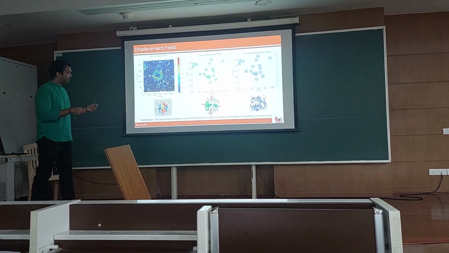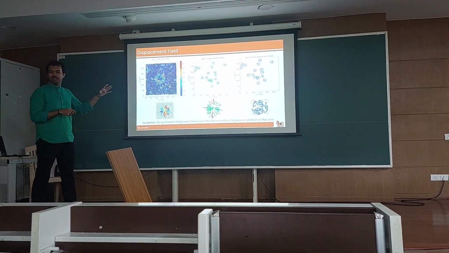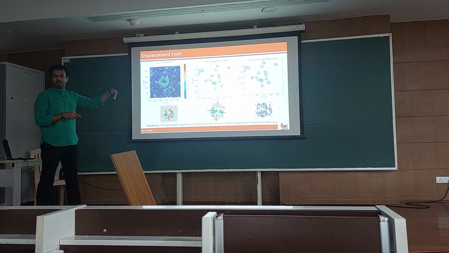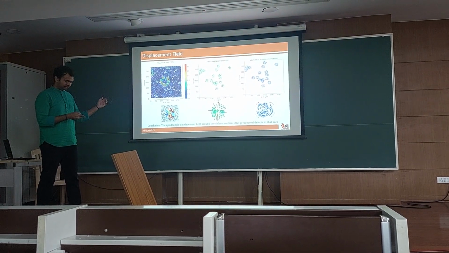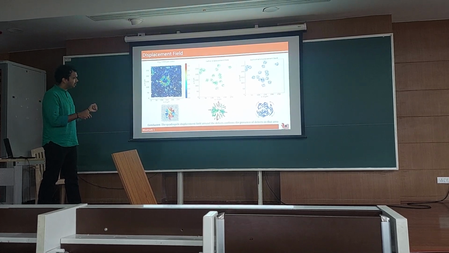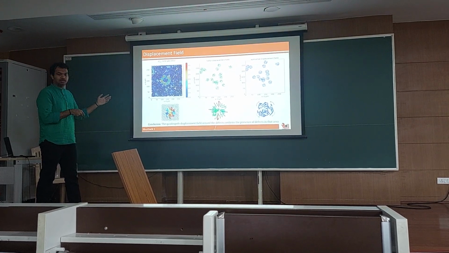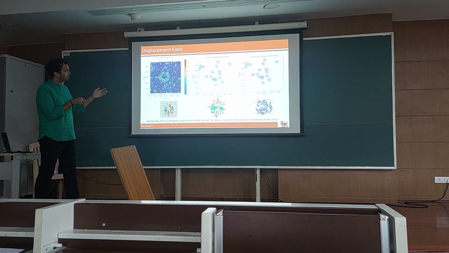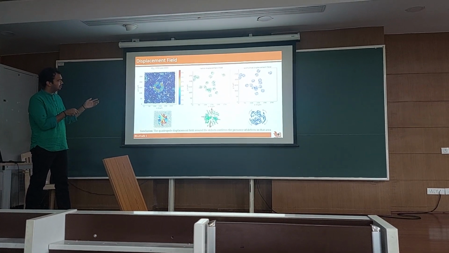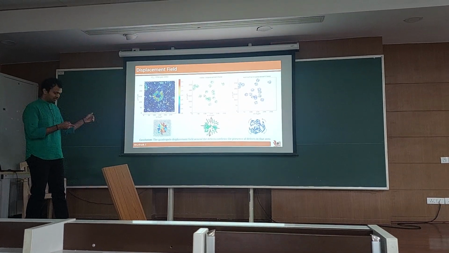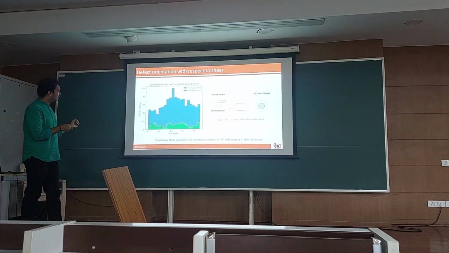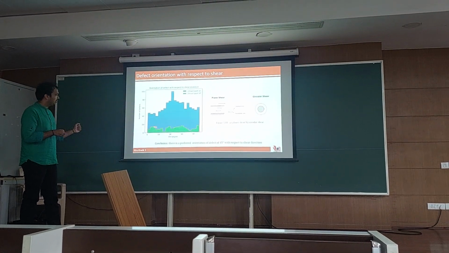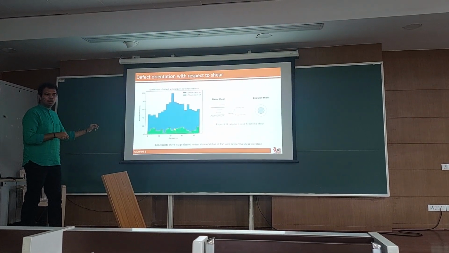In the crystal case, we see that all the defects are oriented along the direction of the shear. So we want to see, if we consider only the outgoing vectors and plot their orientation, you can see they are oriented in this fashion along the direction of the shear. During shear, around 45 degrees we get a peak, and when the shear is not applied there is no such peak.